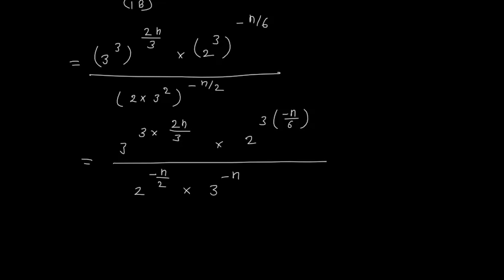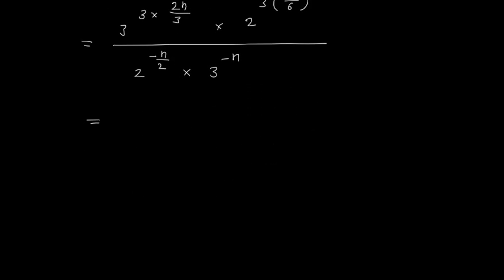So this is equal to, now this 3 and 3 will cancel, so this is 3^(2n) into, 3 ones are 3, 3 sixes are 18, so this is 2^(-n/2), whole divided by 2^(-n/2) into 3^(-n).